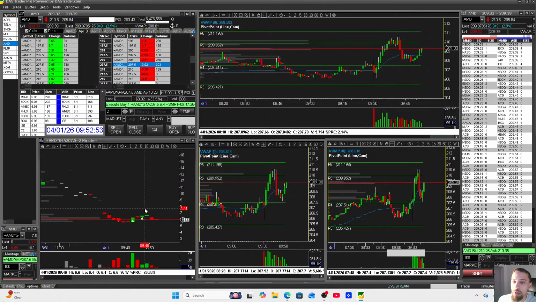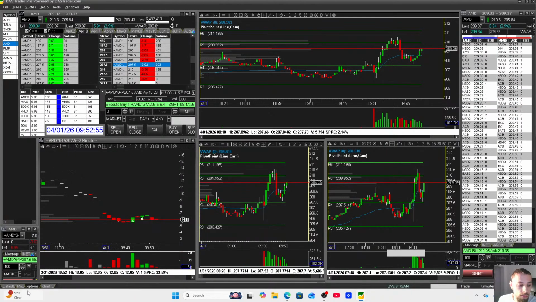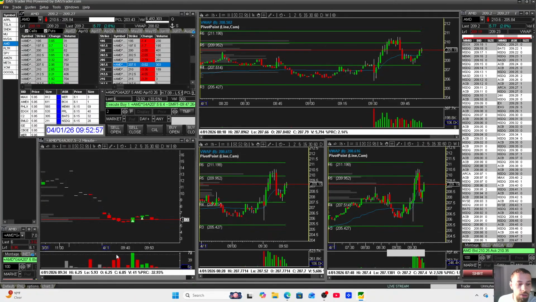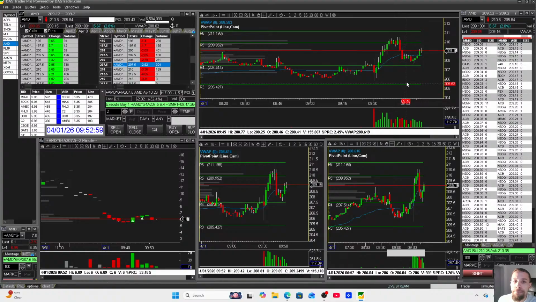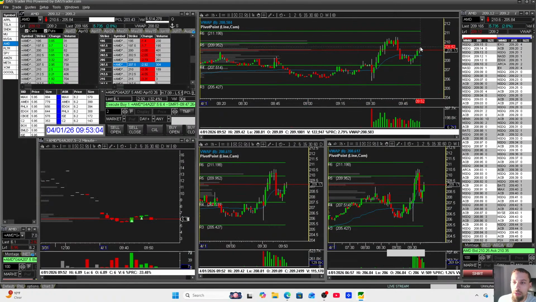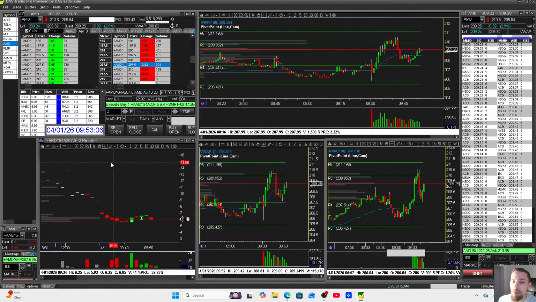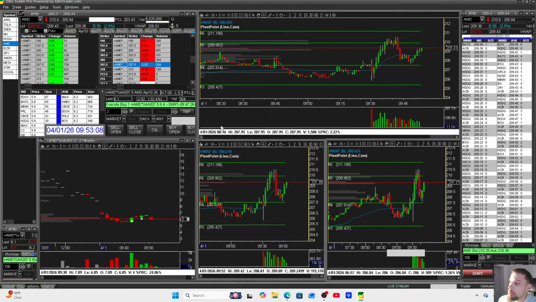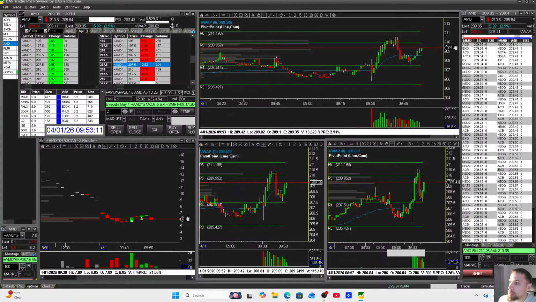It's moving up here. You may want to just get out here. It's at a pretty high liquidity area. Let's see if it's going to push above this level here. Spying Qs.